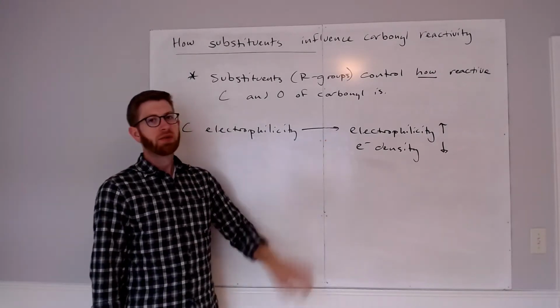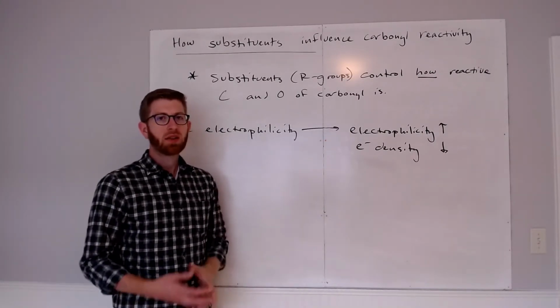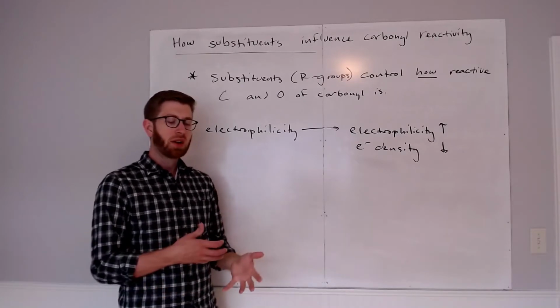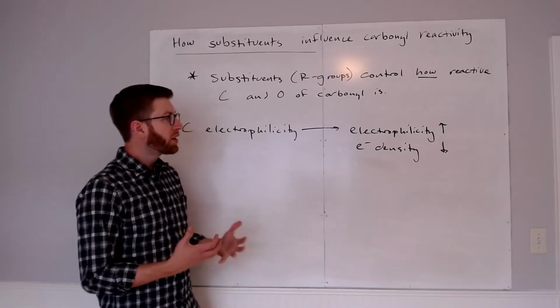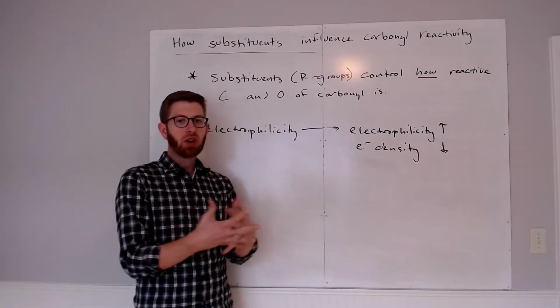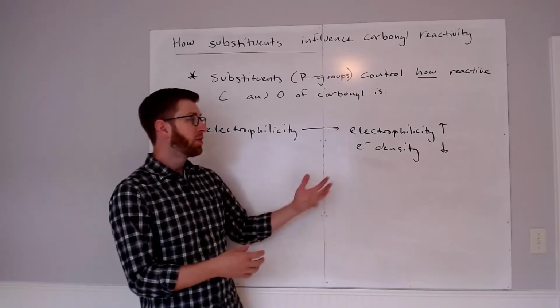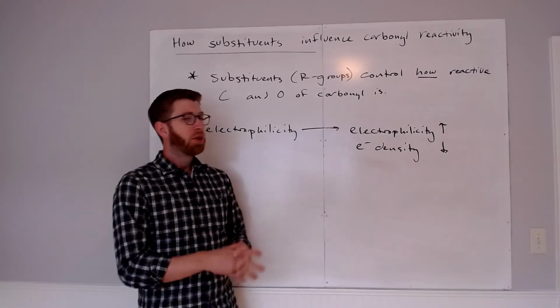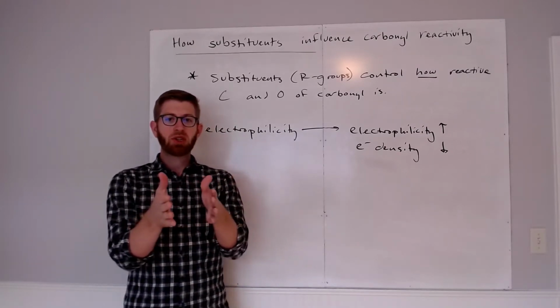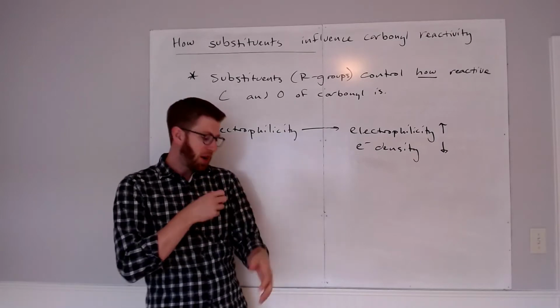Alongside our discussion of electron density, we also need to be cognizant that when a nucleophile and an electrophile react, not only are they going to be attracted by differing charges, where the electrophile is going to tend to be partially positively charged and the nucleophile will be partially negatively charged, those two pieces actually have to be able to touch each other or get close enough to each other for the bond to actually form.